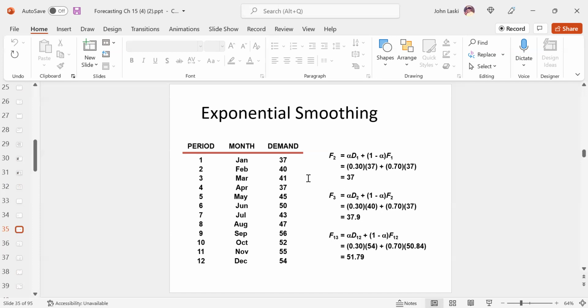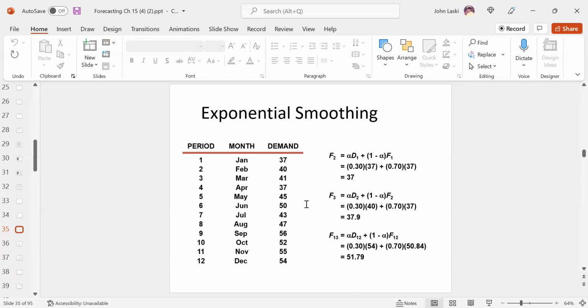So at the end of period 2, we're trying to forecast period 3, and we come up with a number of 37.9. Well, at the end of period 3, we will come to learn that the actual demand turned out to be 41. Again, close.